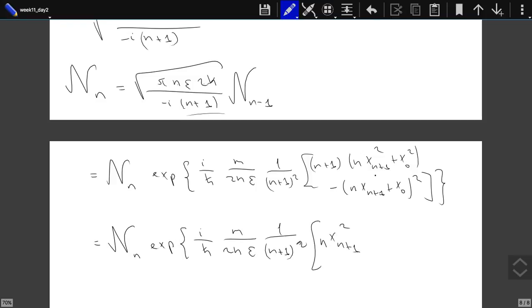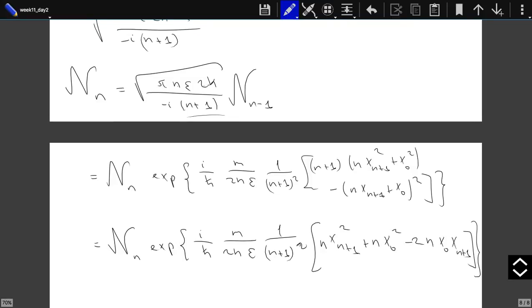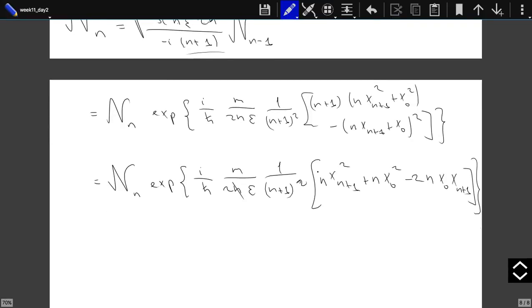And then from x0 squared, again from the first line I have n plus 1 times x0 squared from the first term. From the second term I have minus x0 squared. I'm again left with n x0 squared. And the mixed terms, minus 2n x0 x_{n+1}. And this n will cancel these n's.